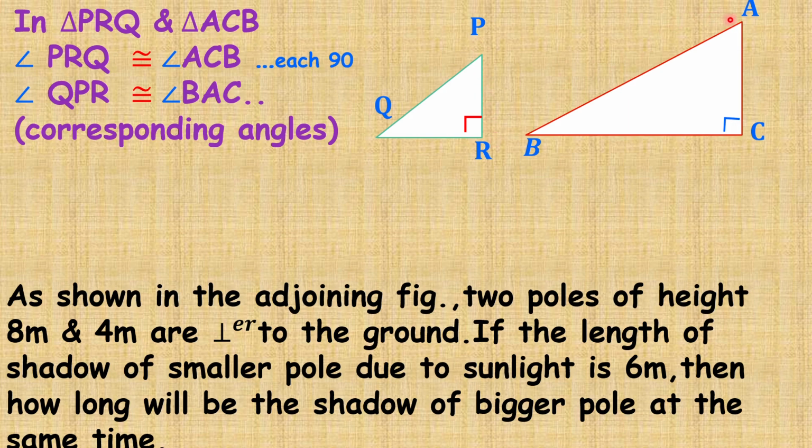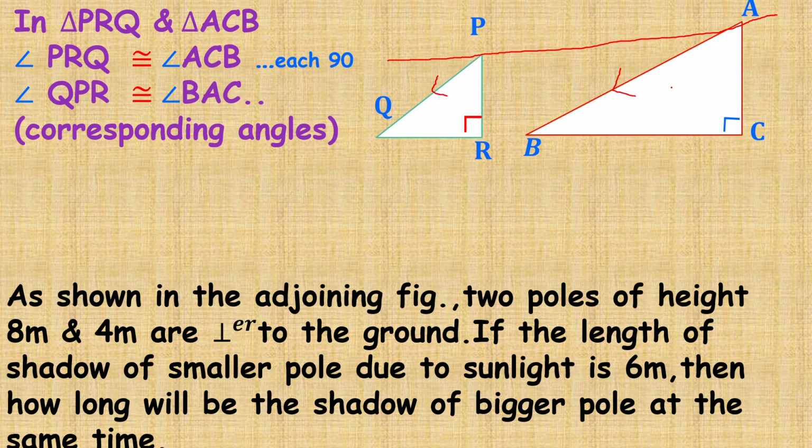Angle QPR is congruent to angle BAC. Why are these two angles congruent? Corresponding angles, because the rays of sunlight are parallel to each other. Sun rays are parallel to each other. That means ray PQ is parallel to ray AB.